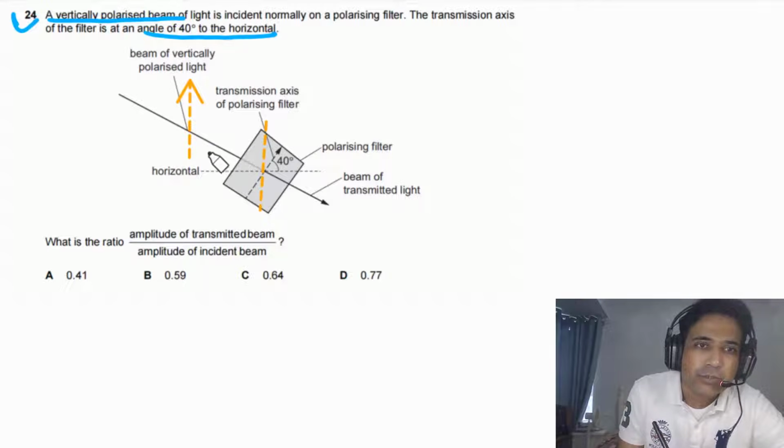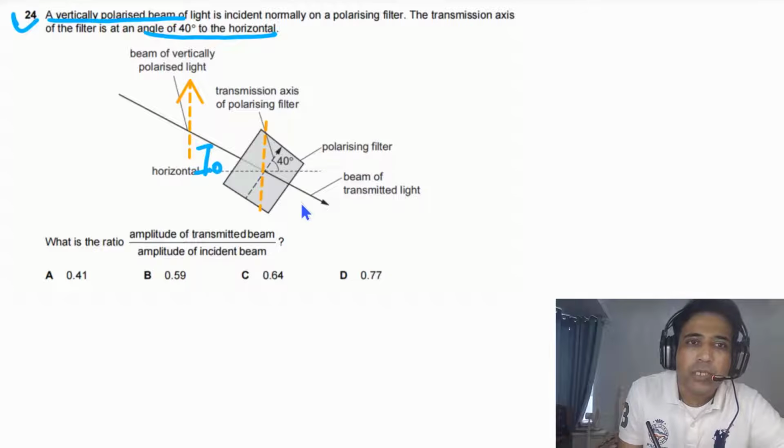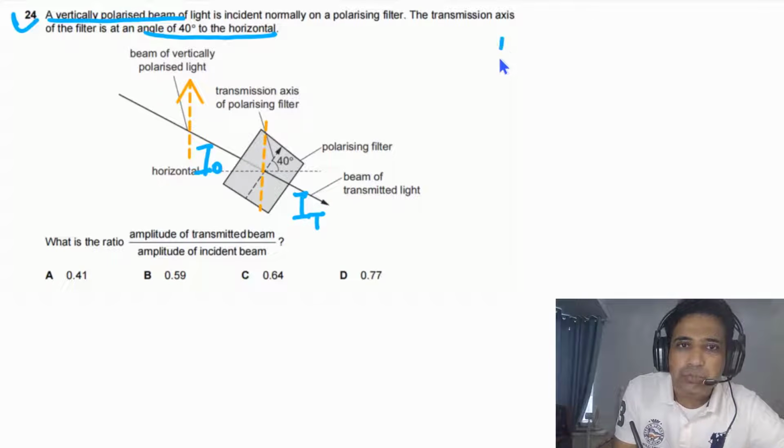We can also assume the intensity of incident light is I naught and the intensity of transmitted light is IT. Now we need to use Malus's law. Malus's law simply tells us how transmitted intensity and incident intensity are linked with each other.